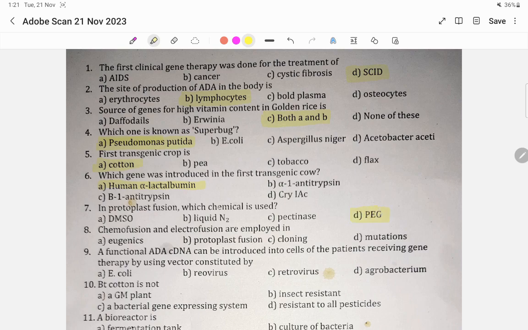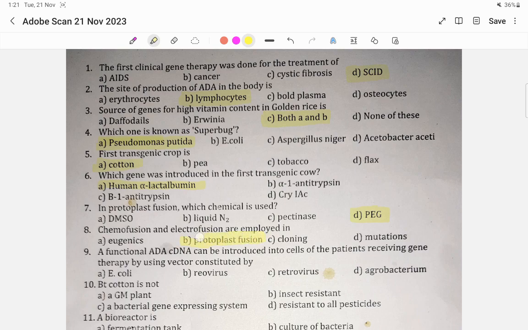PEG is used even in hybridoma technology, when we fuse the myeloma cells and the antibody-producing cells and get hybridoma cells. Even there, chemical fusion can be brought about by polyethylene glycol, what we call PEG. Chemofusion and electrofusion are employed in protoplast fusion.